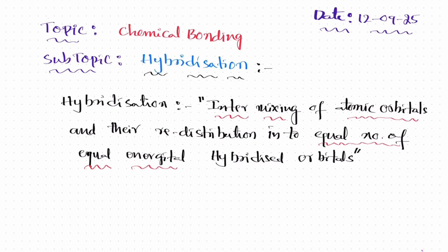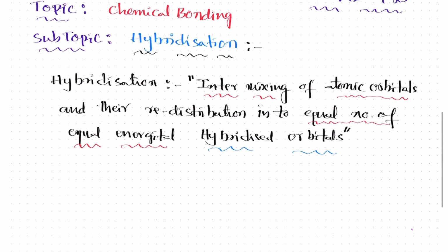Okay, all are equal. Atomic orbitals are converting into hybridized orbitals. This phenomenon is known as hybridization. Clear, students? This phenomenon is known as hybridization.